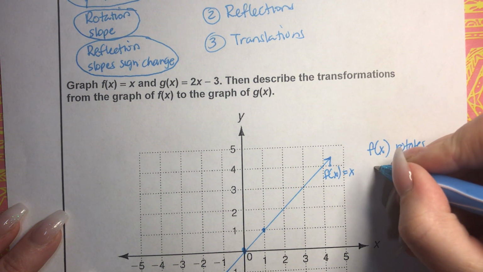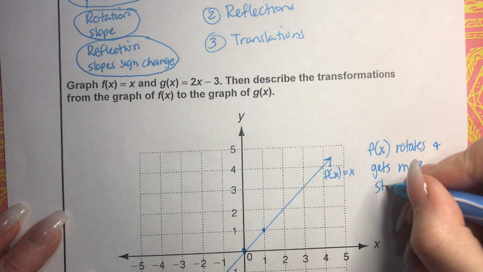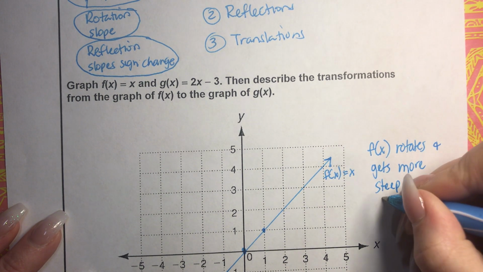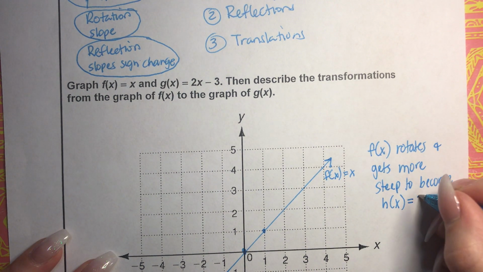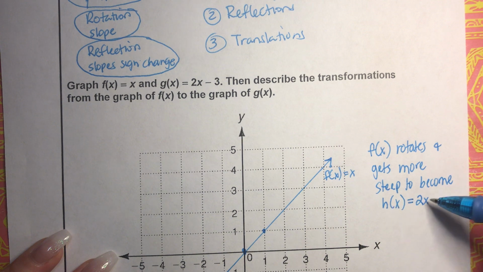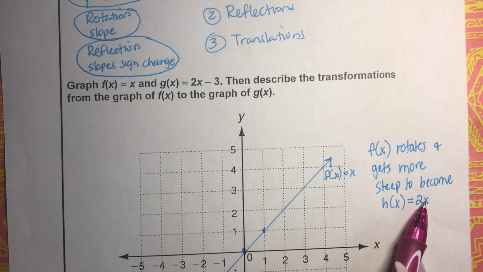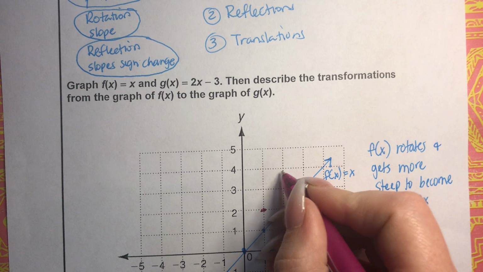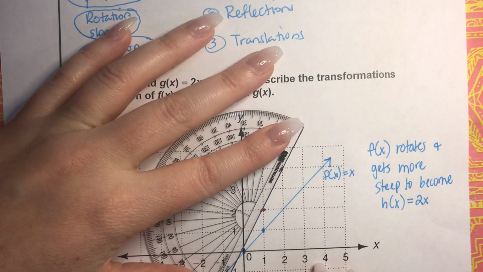It rotates and gets more steep to become h of x, okay? And h of x equals 2x, right? So I'm just going to do one thing at a time. This is going to be my h of x. My h of x has a y-intercept of 0, and then the slope goes up 2 over 1. This is my y-intercept, so I'm going to graph this.